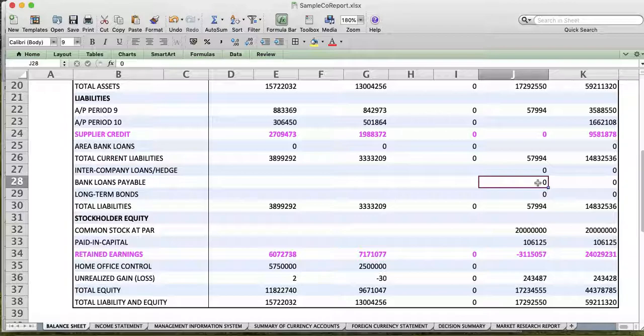The facilitators will tell you, but there is no possibility of issuing long-term bonds in this particular startup run. Therefore, the total of liabilities for the home office will be the sum of these elements.